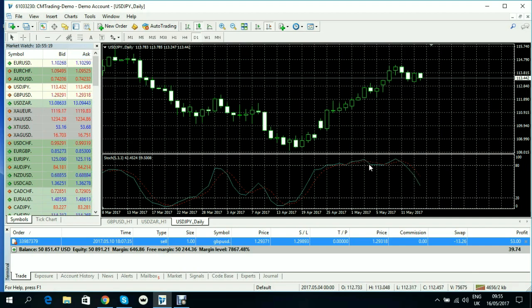The price has been overbought. So the price is high now. On the other hand, when these lines cross and they are below 20, then it means that the price has been oversold. Okay, these are the two things that we have to keep in mind.